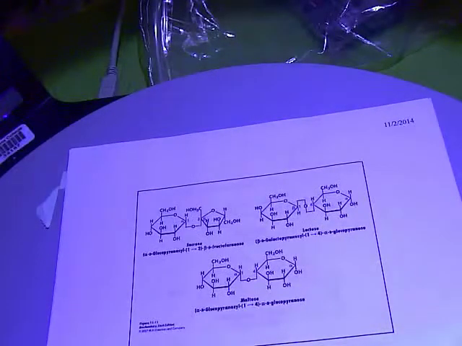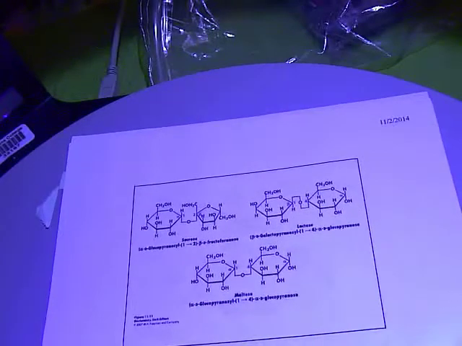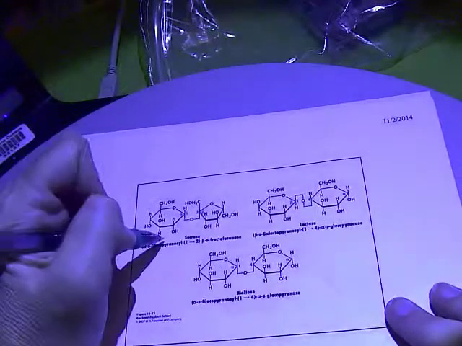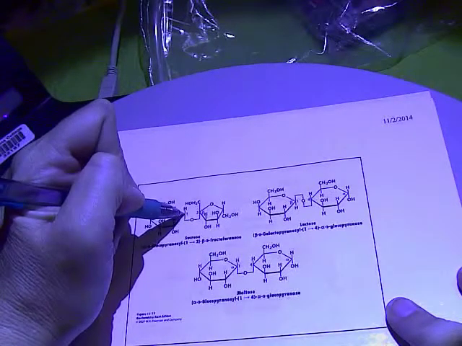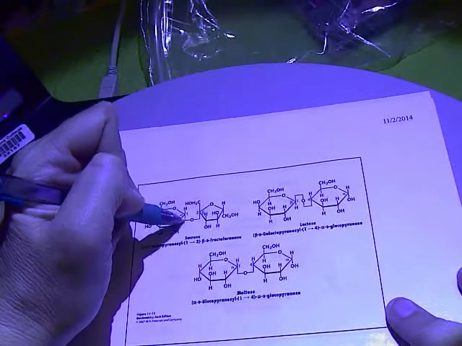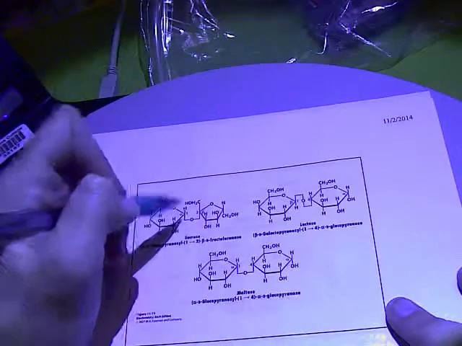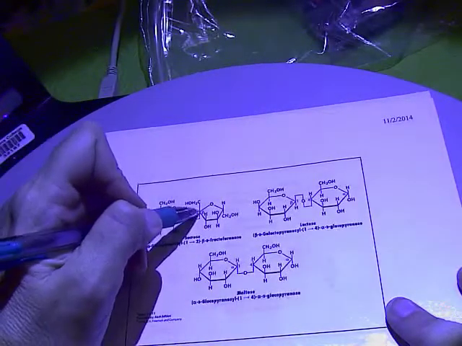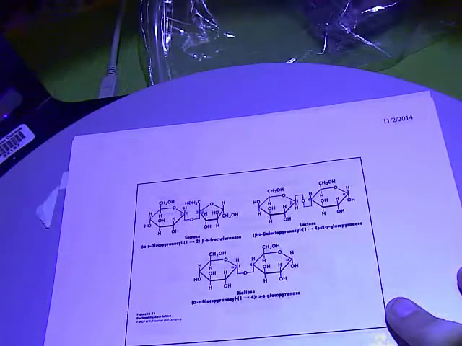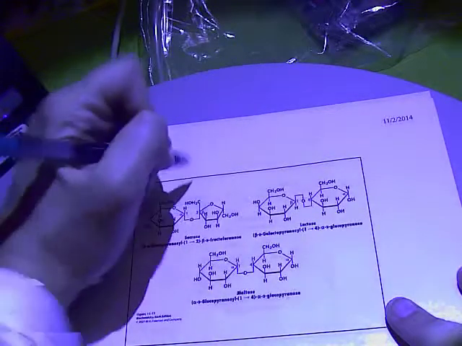We have lots of different glycosidic bonds. So here is an alpha 1,2. Again, it's alpha because the OH is below the plane. It's between carbon 1 of a glucose molecule and carbon 2 of a fructose molecule. Okay, so this is an alpha 1,2 glycosidic bond, right?